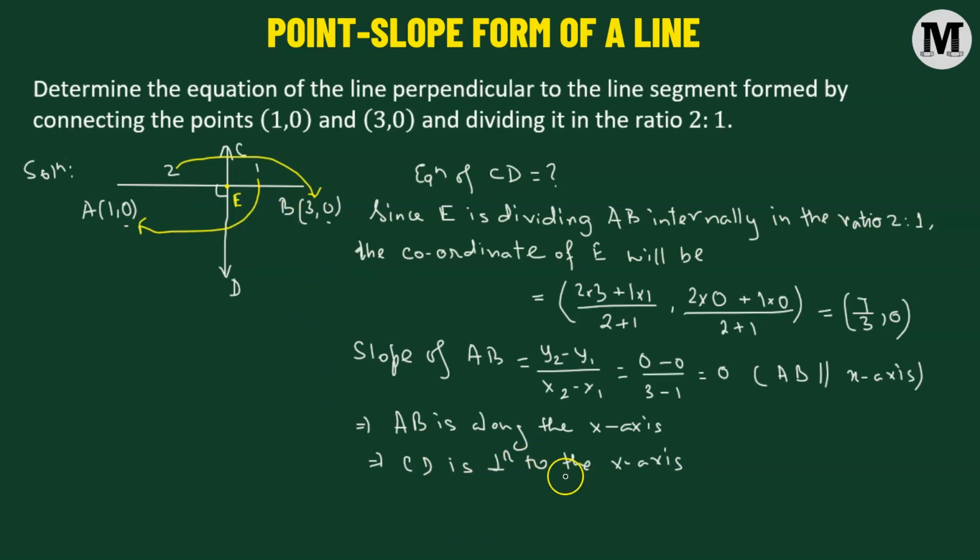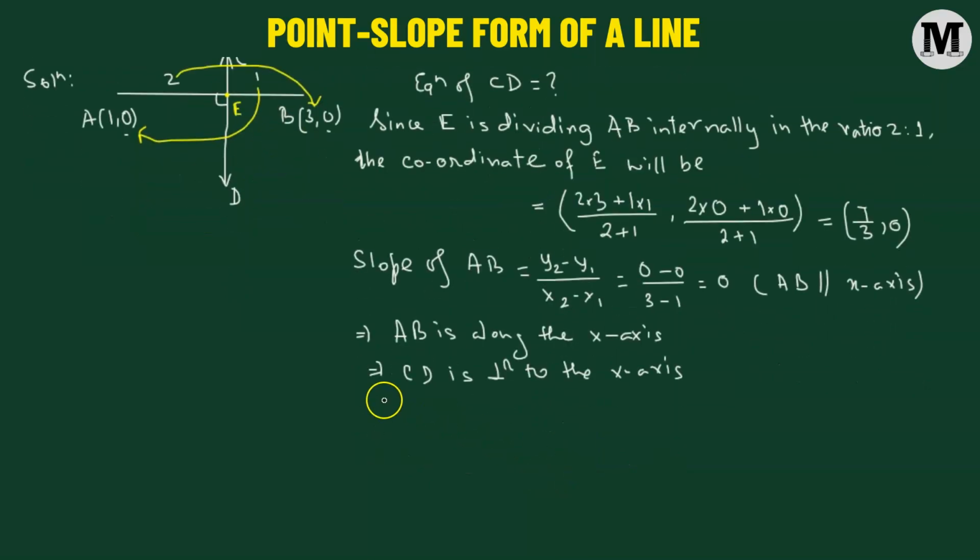Now we know that if it is perpendicular to the x-axis, we can also say that our line CD is parallel to the y-axis. Now because our line is parallel to the y-axis, we know that any line which is parallel to the y-axis has its equation given by x equals a.